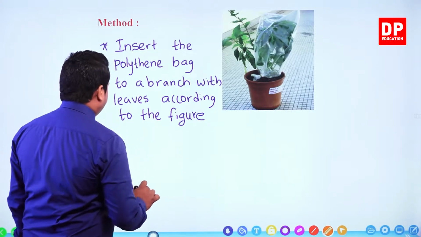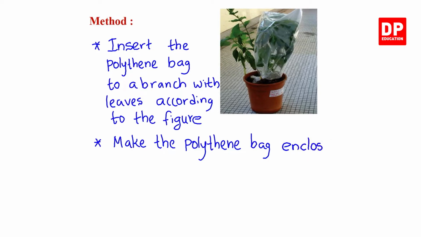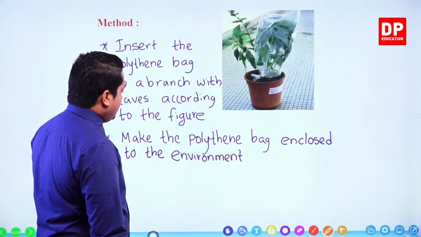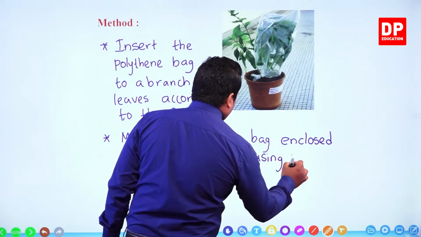Then after that, what you have to do? Make the polythene bag enclosed to the environment using rubber bands.